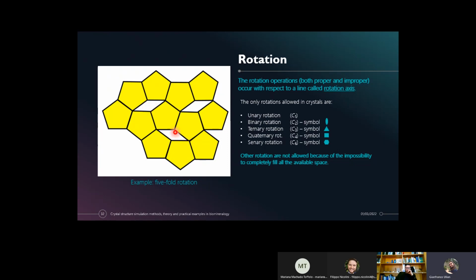So this is not compatible. This is a very simple explanation. There is a mathematical demonstration of this impossibility to have other rotation axes. This is a graphical representation of this concept.